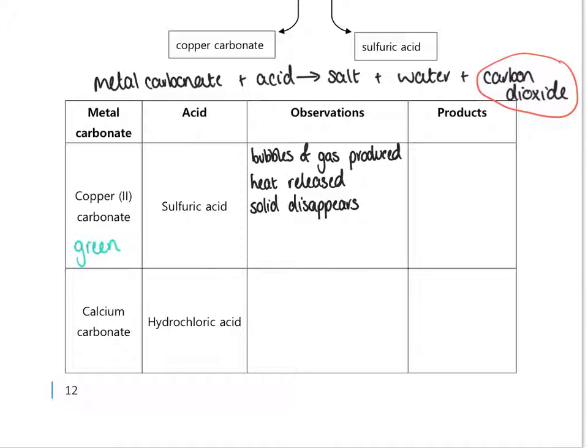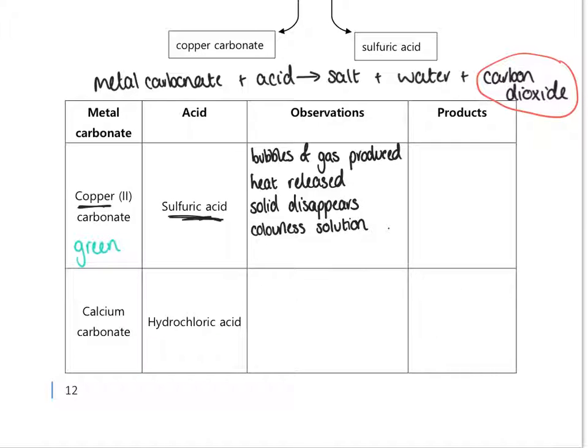And then finally, just as with the previous type, with copper oxide and sulfuric acid, we see a colour change here. So again, think about what you're going from and going to. We start with sulfuric acid, and that's a colourless solution. We're then going to be going to a solution of copper sulfate, and perhaps at this stage we could put in our products.